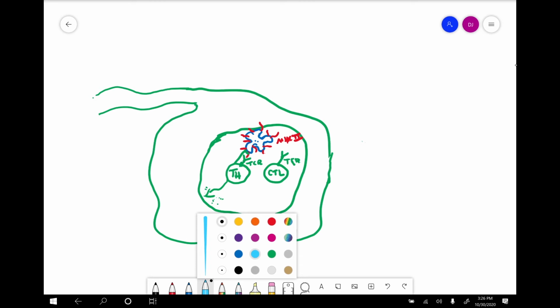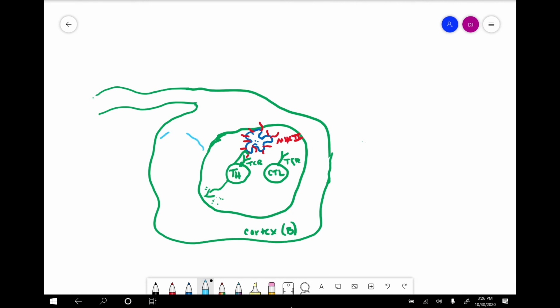But remember that B cells live in a different part of the lymph node. They live in the cortex, right? So they're out here, and specifically, they're actually out here in these little areas that are known as lymphoid follicles, okay? So just remember, these are the follicles that I've drawn here in blue.